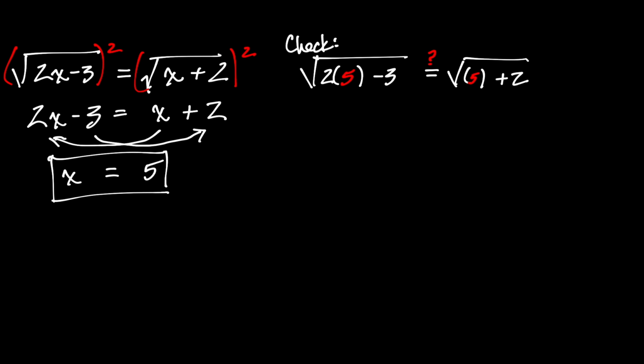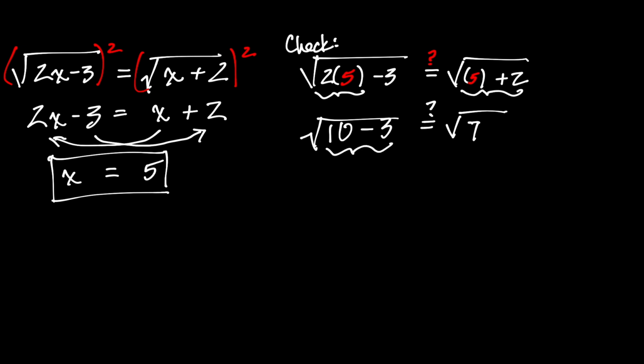Well, let's double check this. Multiply that: the square root of 10 minus 3. Is that equal to the square root of, what's 5 plus 2? 7. And 10 minus 3, that's radical 7. So radical 7 does indeed equal radical 7. So that works out. So that is the check.